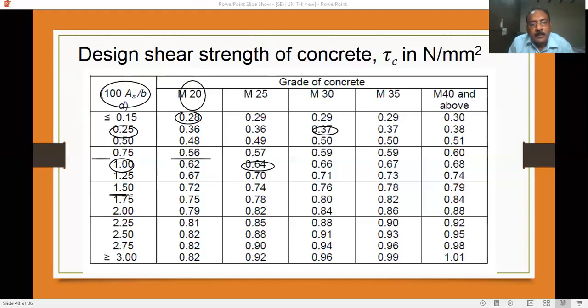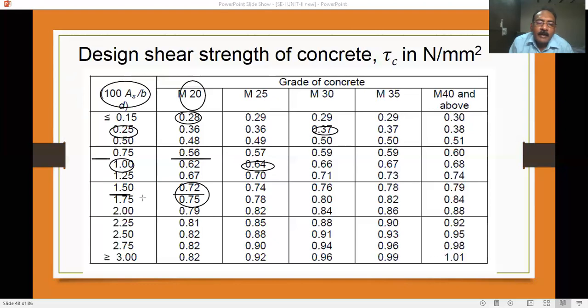For that, suppose for M20 grade, you have to take these two values. Don't take the average, use interpolation. So this minus this, minus this. There is a formula for interpolation. For a 0.1 difference, how much is the difference? So you have to add, and for 1.5 you will get one value in between, maybe 0.74 or 0.735, like that.